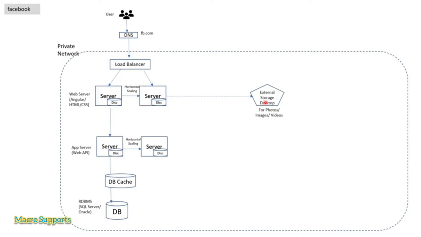Now, sometimes these images and videos contain objectionable things like nude photos, which you want to filter out before saving them to external storage. For this, we will set up a content filter here, which will work in an automated way to identify and remove objectionable things before storing them in external storage.